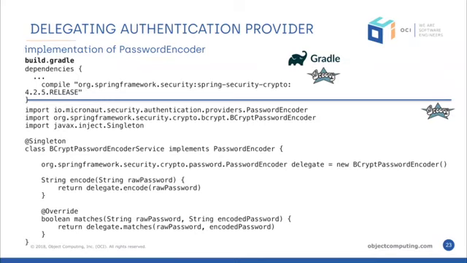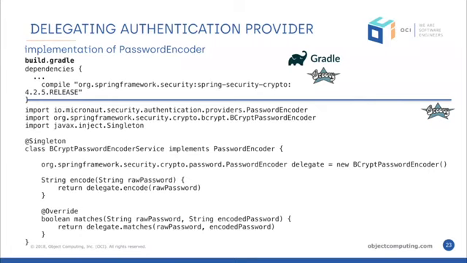And then the last one that you need is an implementation of PasswordEncoder. We don't ship with any password encoding bean, but creating a PasswordEncoder bean is really easy. Here, for example, I am using the Spring Security crypto dependency, which is a great dependency with a bunch of password encoders. One of these is the BCryptPasswordEncoder, which is the one that I am using here.